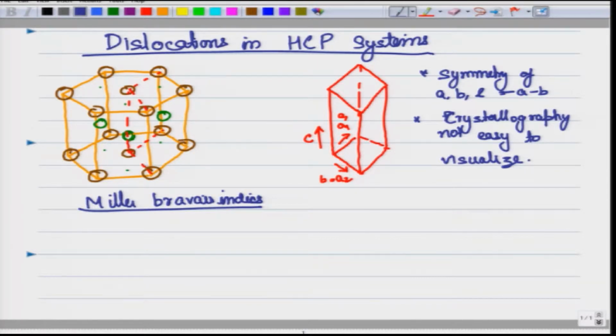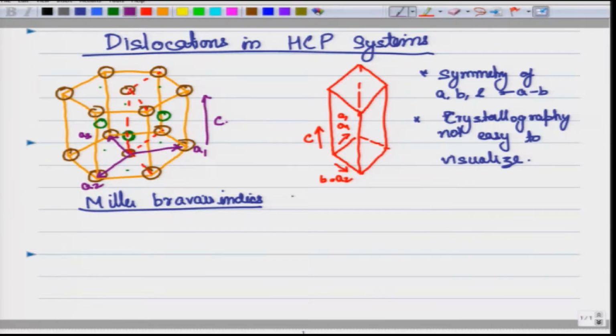In this particular system, in the plane itself we have A1, A2 and A3. So in the plane itself we have 3 indices and, of course, the fourth one, which is C.